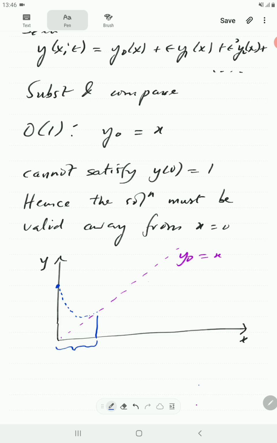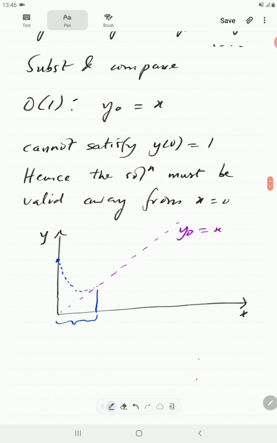So this is going to be our boundary layer, or what we have called the inner region, close to 0, in the neighborhood of x equals 0. And then away from x equals 0 is going to be our outer solution.